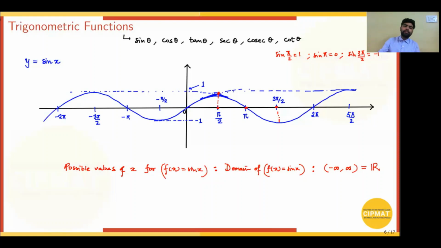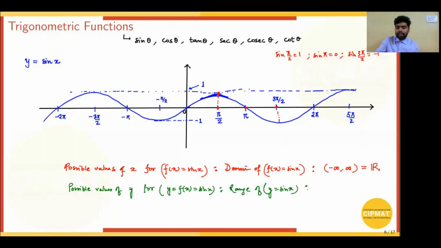Now similarly, what are the possible values of y, where y is equal to f of x, which is equal to sine of x? This is nothing but the range of y is equal to sine x. What is the range?